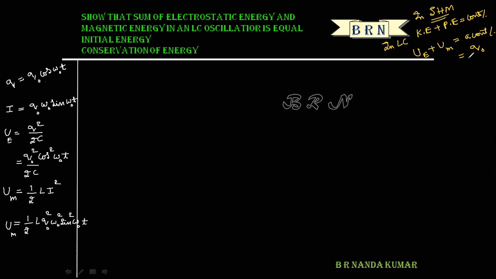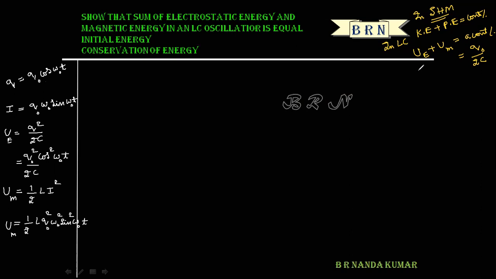So the energy is Q naught squared divided by 2C. What is this? This is the initial energy in the LC circuit. So the sum of electrostatic potential energy and magnetic potential energy at any instant of time is equal to the initial energy.